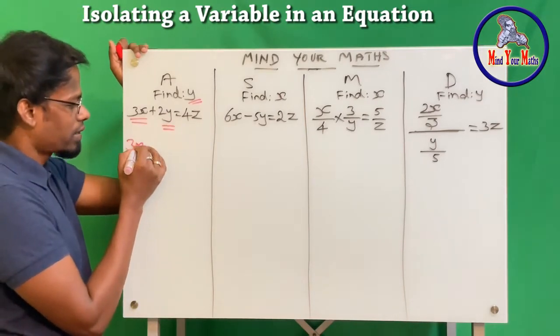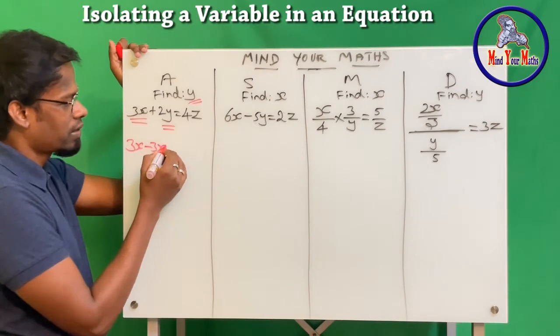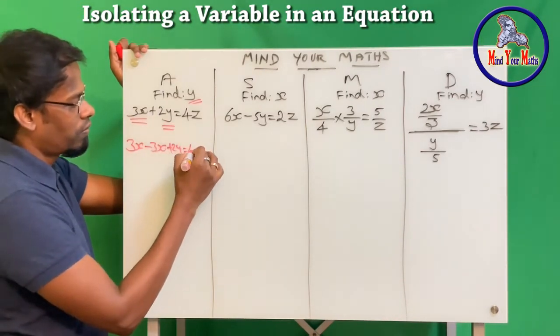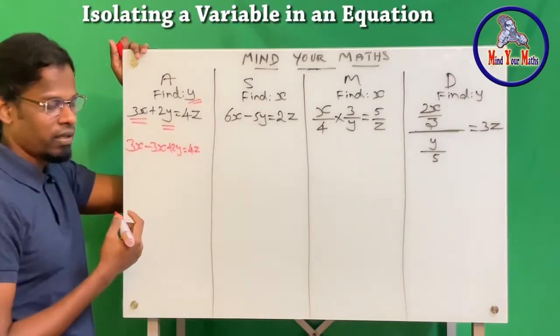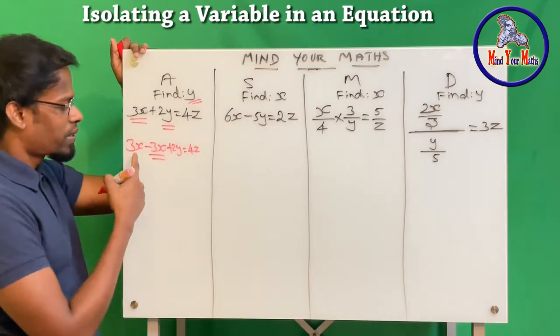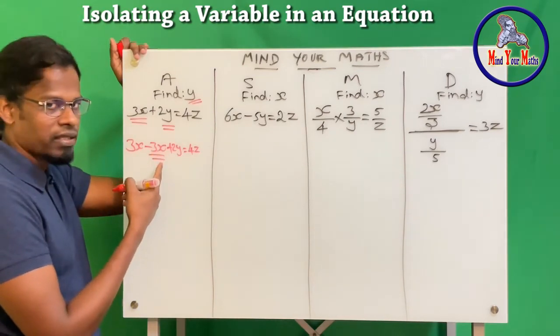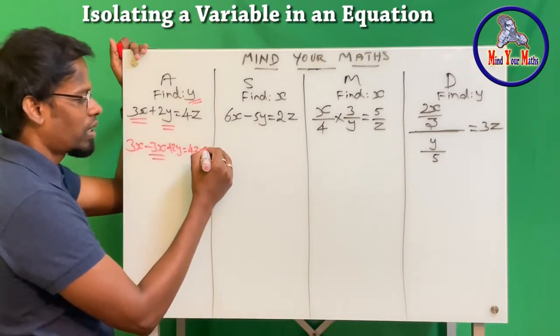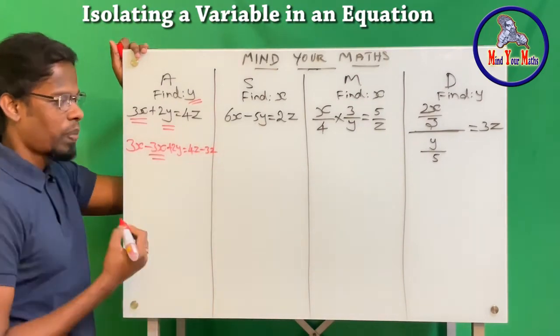So 3x minus 3x then plus 2y equals to 4z. Because we subtracted 3x on the left side of the equation, you have to subtract on the right side as well.